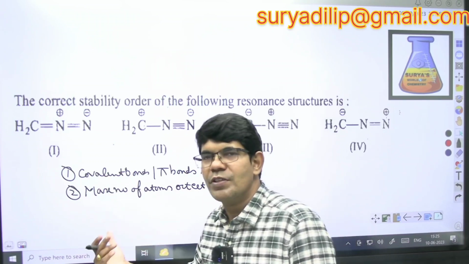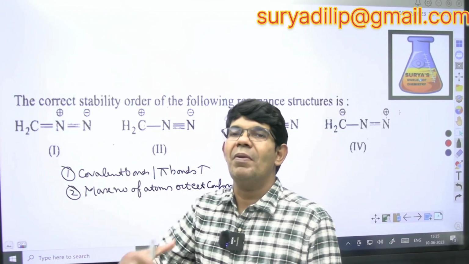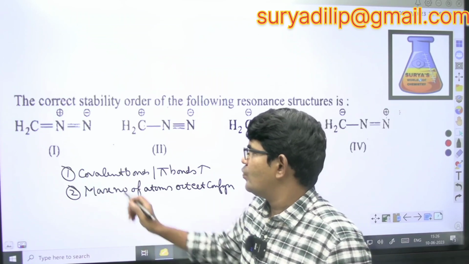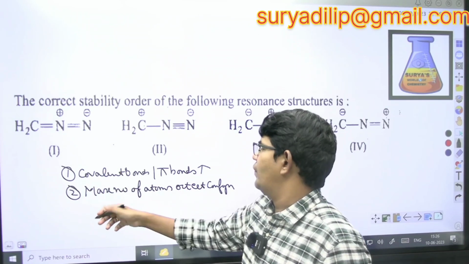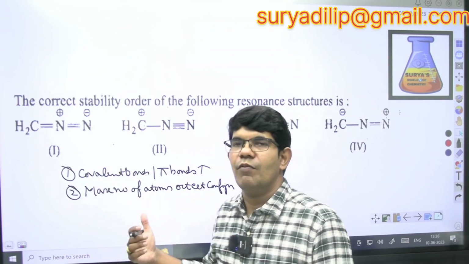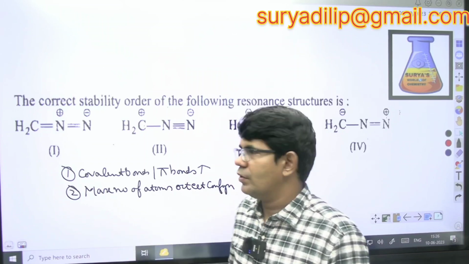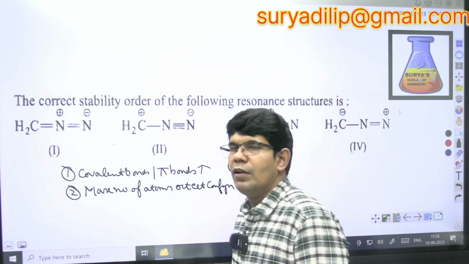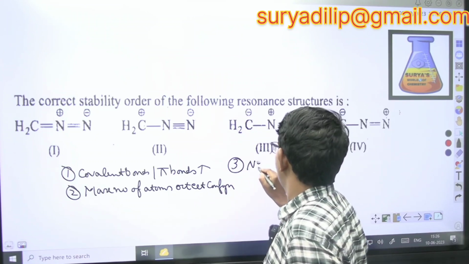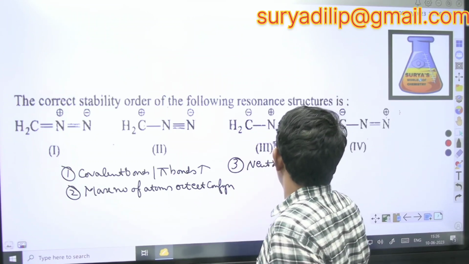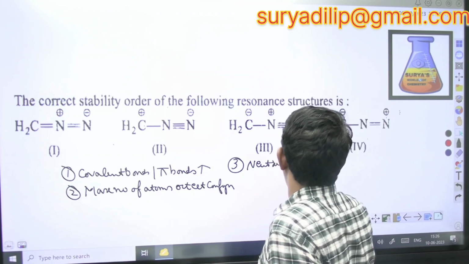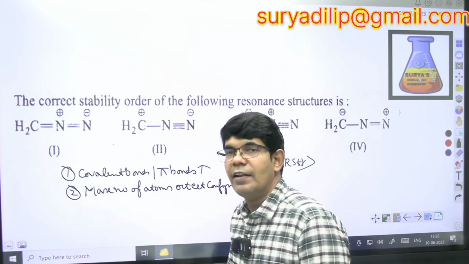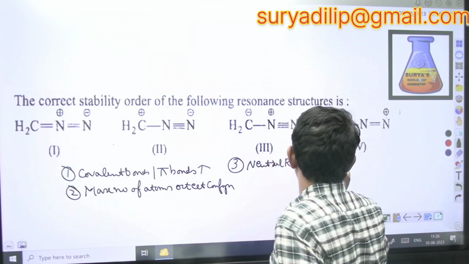But actually, if you see, both the rules complement each other. That means whenever you have the maximum number of pi bonds, definitely you will have the maximum number of atoms having octet configuration. Third, a neutral resonating structure is always more stable than charged ones.